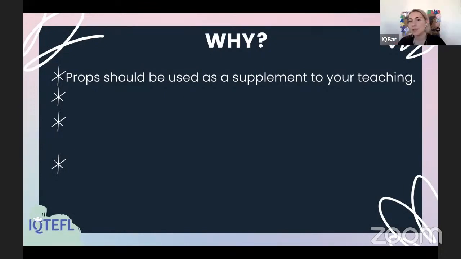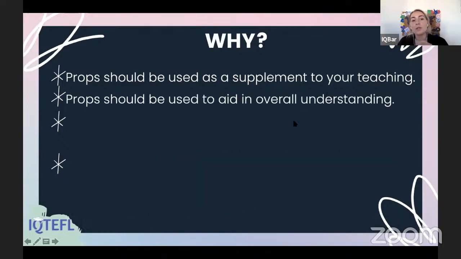And I would say to add a little bit of fun and a visual element into your lesson when necessary. Props should be used to aid in overall understanding. So like I just mentioned, it should be used appropriately to just enhance that overall comprehension of what is being taught.